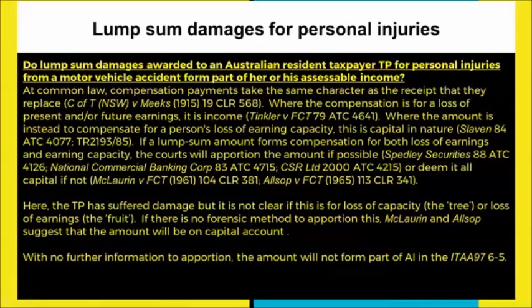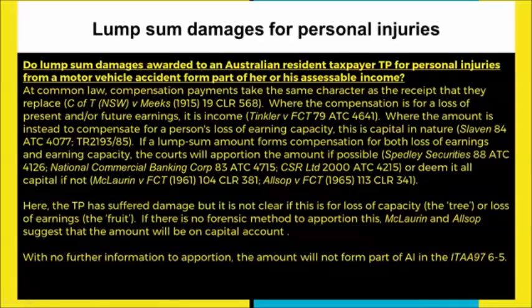Now, the interesting thing to note here is this apportionment. The courts are actually quite lenient in this area. So basically, if the amount that is given to a person can be clearly delineated, as in some fraction of it is to compensate for present and future earnings and or entitlements, and another fraction is clearly to compensate for the loss of earning capacity, the courts will apportion it to those amounts.